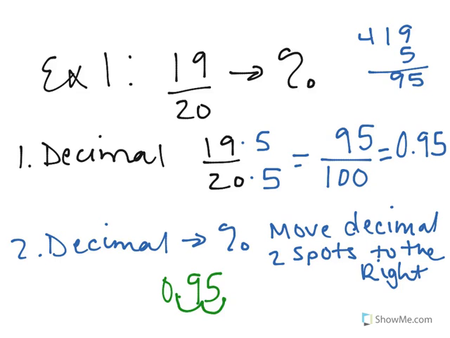Now my decimal is not at the beginning of my 95, it's actually at the end. So I'm going to say 95 hundredths is the same as 95%, because my decimal is really right here, but with my decimal being at the end, we can just get rid of it. And then all I did was add that percent sign. So my answer is 95%.